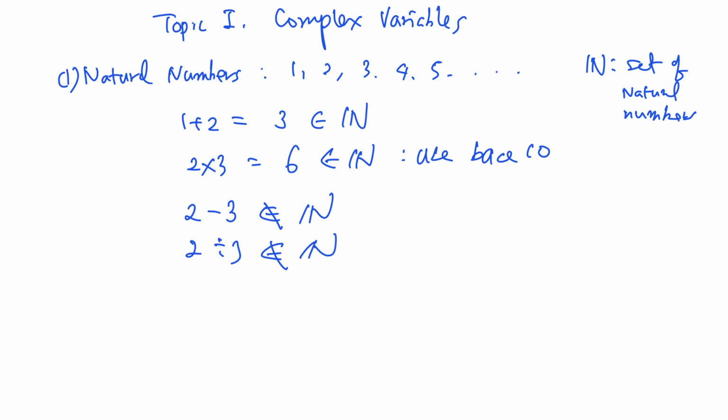The reason why we are using base 10 is that we have 10 fingers. So how long have we been using the base 10 number system? How long? What do you think? Probably 100,000 years.